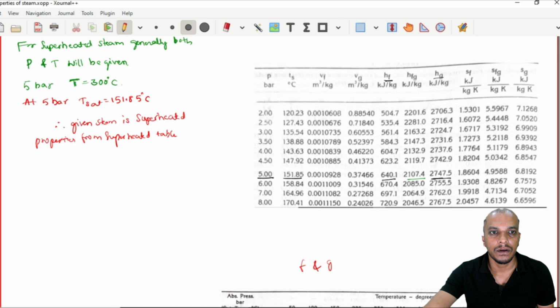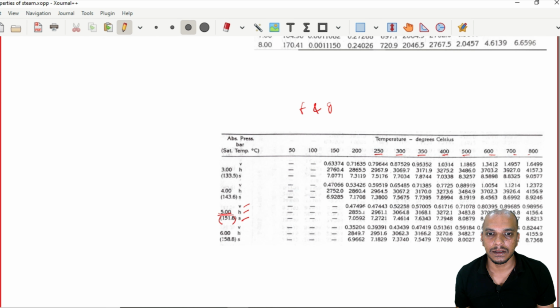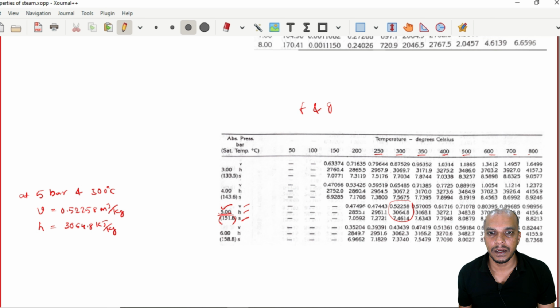Now, for 5 bar and 300 degrees Celsius, we can note down these properties. At 5 bar and 300 degrees Celsius, the specific volume is 0.52258 meter cube per kg, enthalpy of steam is 3064.8 kilojoule per kg and entropy is 7.4614 kilojoule per kg Kelvin.